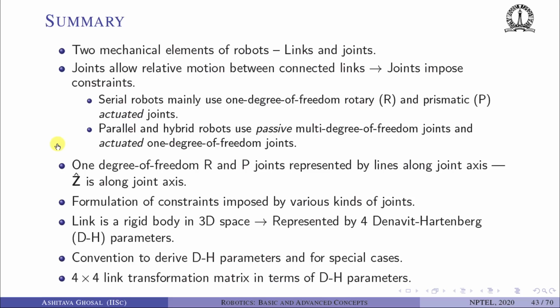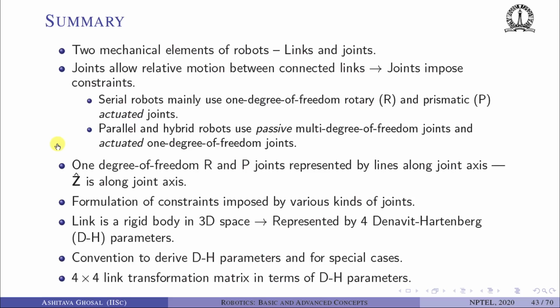The link, as I mentioned in my previous lecture, is a rigid body in 3D space. Typically, a link or a rigid body in 3D space would require 6 parameters, 3 position and 3 orientation. However, because they are connected by rotary and prismatic joints, they can be represented by 4 DH parameters.